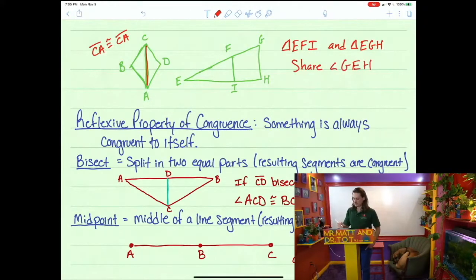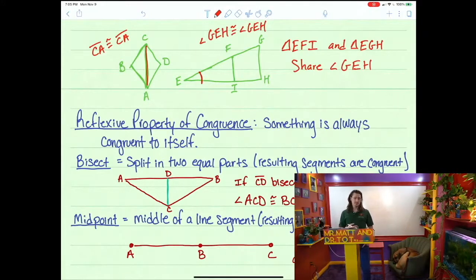Notice that both the triangles have that as one of their interior angles. And so by definition, the reflexive property would tell us that angle GEH is congruent to angle GEH. So something is always congruent to itself. That comes up a lot.